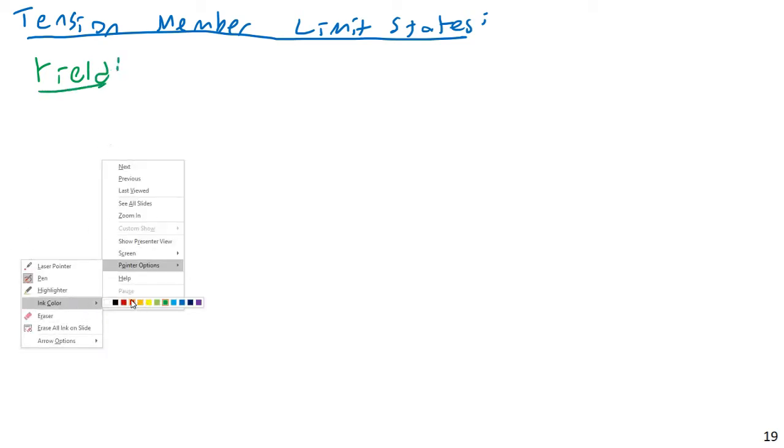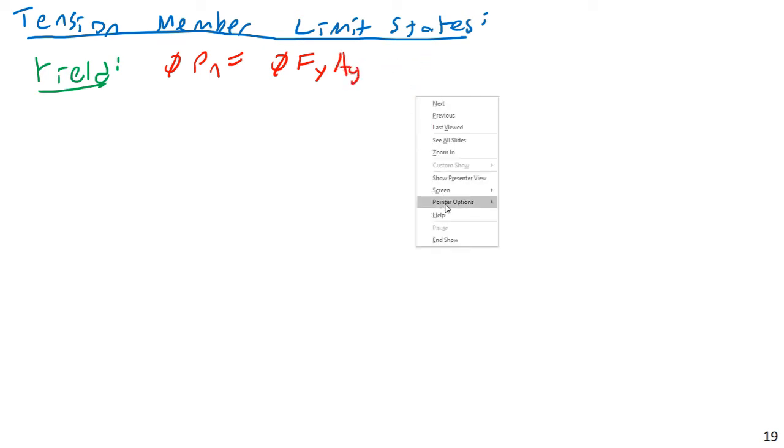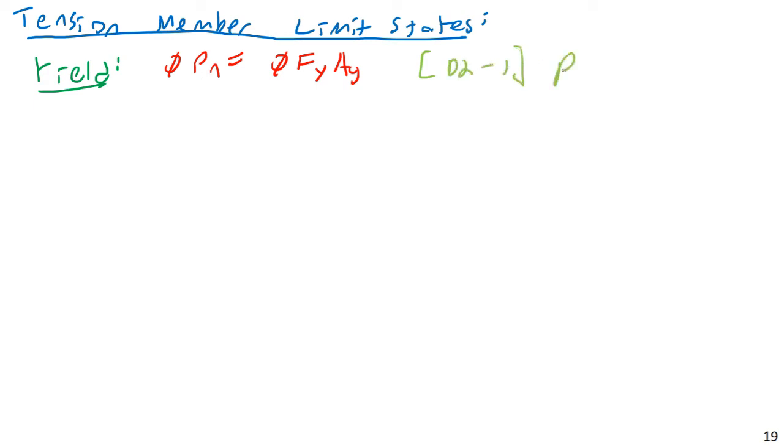And our governing equation here is phi Pn is equal to phi Fy Ag, where Ag is our gross cross-sectional area. And this is, as a reminder from previous videos, equation D2-1 on page 16.1-28 of the 15th edition.